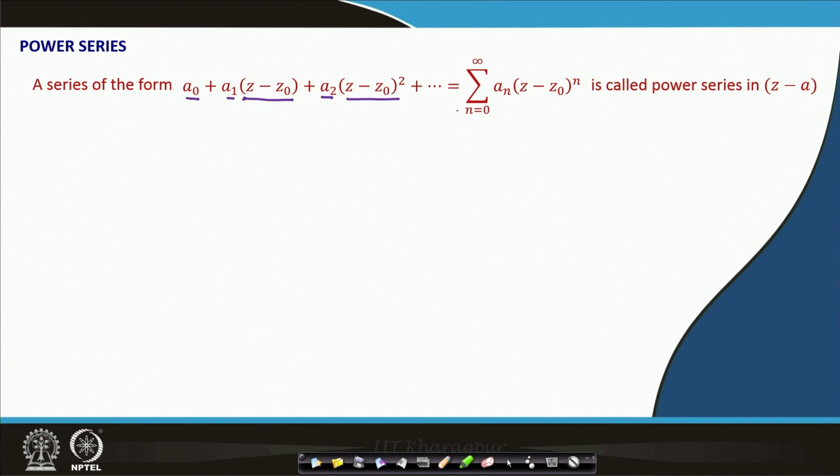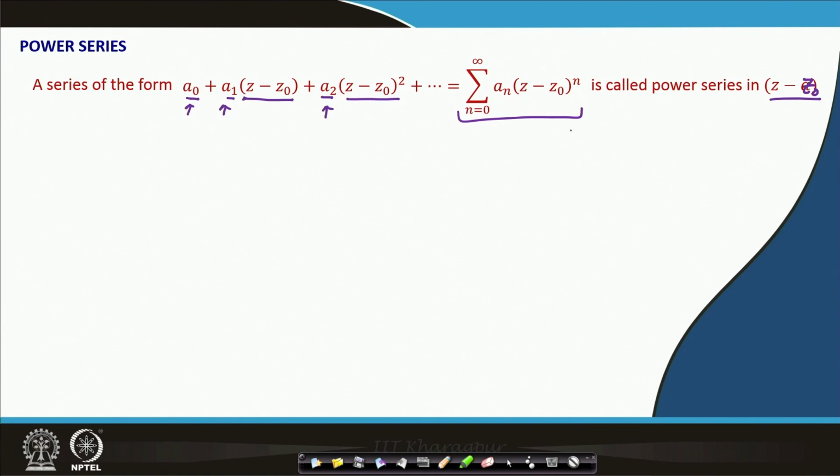Or we can write it in a compact form: a_n (z minus z0) to the power n, n goes from 0 to infinity, and this is called a power series in z minus a, or z minus z0 here. Because this is all in powers of z minus z0 with some constants, every term has some power of z minus z0. The first term is a constant term, so we can think of it as power 0.